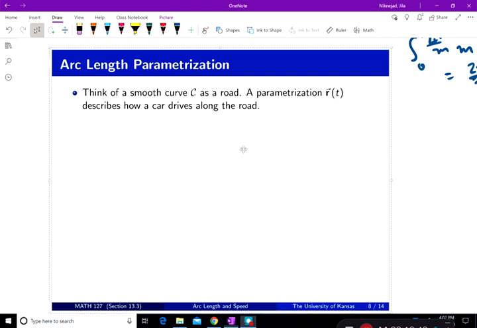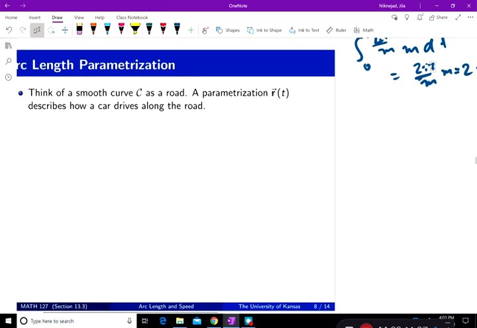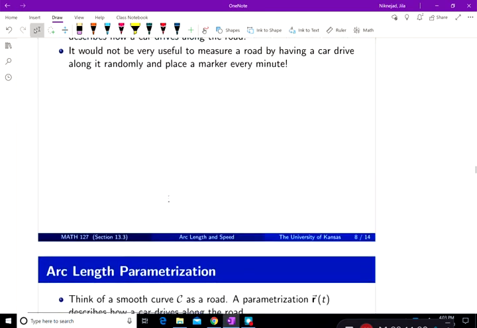So what do I mean by the natural parameterization of the curve? Think of a smooth curve C as a road. A parameterization r of t describes how a car drives along the road. The car can be fast, the car can be slow, and r of t is the parameterization of the travel that the car does.